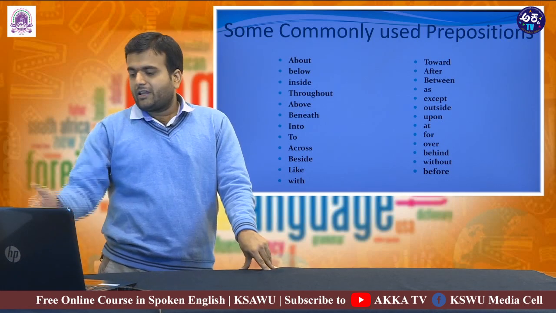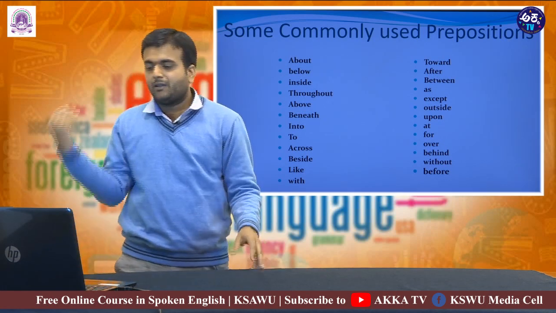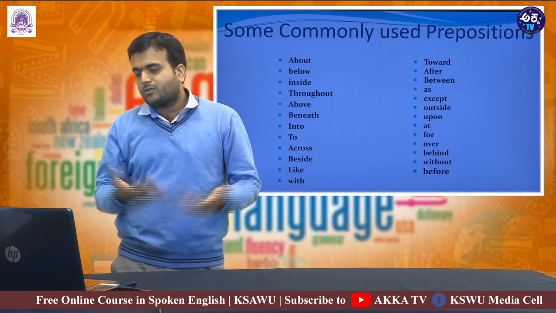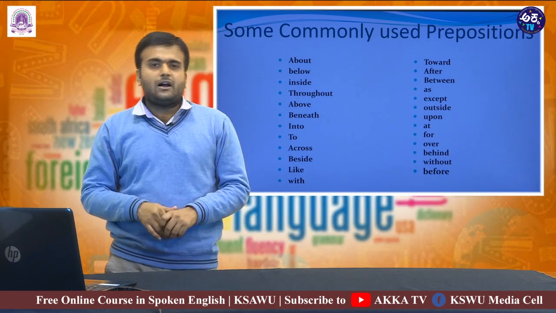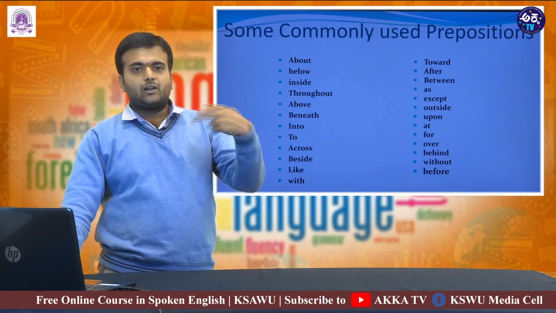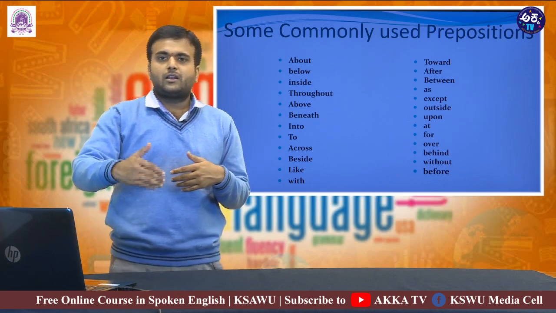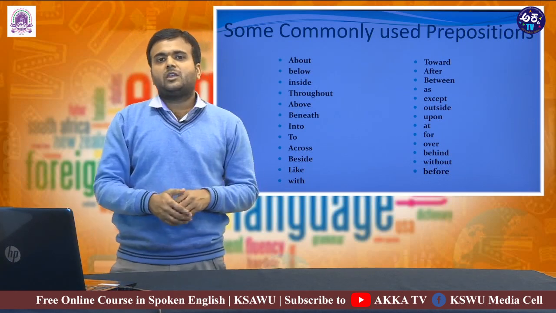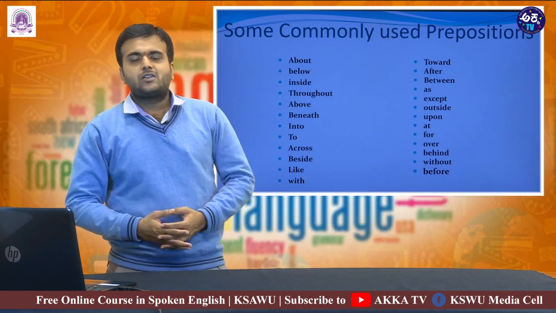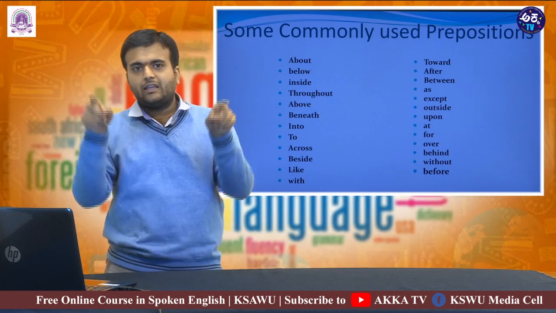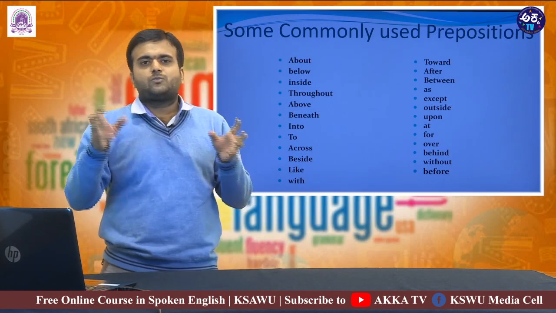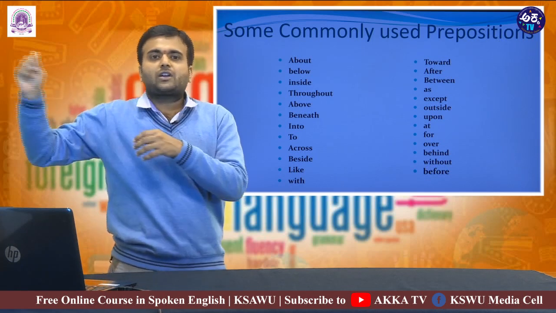Then there are so many others like over, behind. Behind means back side, without means excluding, and another is before. Before can have two meanings. Before means in front of me, this is one meaning. Before Christ, you might have seen in the history lessons, they write a year before Christ. Aristotle was born in so and so before Christ.